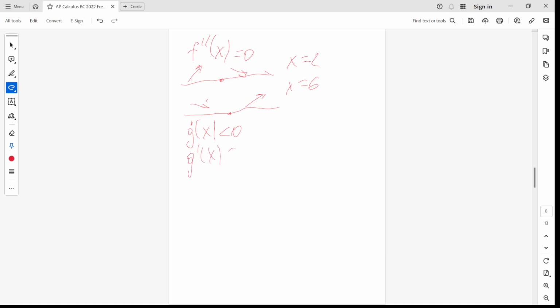Right, we can differentiate this function to look like the derivative of f of x minus the derivative of x. It's gonna give us f prime of x minus 1. And we need to solve this inequality. The derivative of f of x is less than 1.